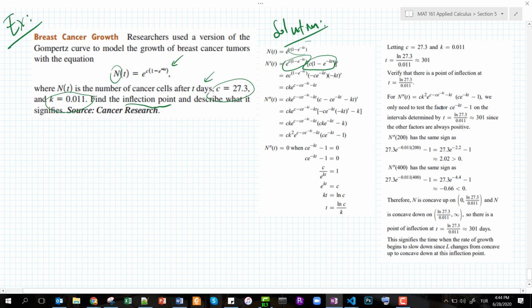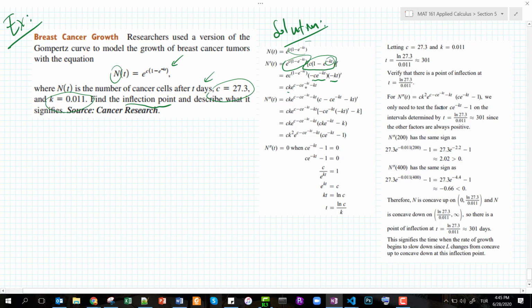But for the C times this one, you just put that one down without changing it, as you did here, and then take the derivative of the top part. The derivative is negative k, and then another negative here, which makes it positive, and you keep the rest the same. That completes the first derivative.